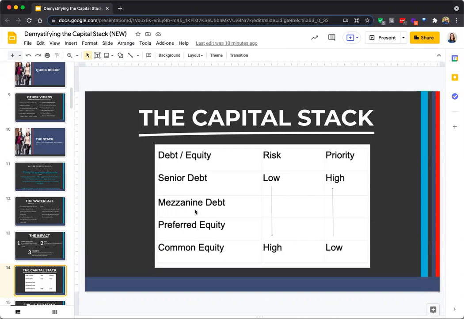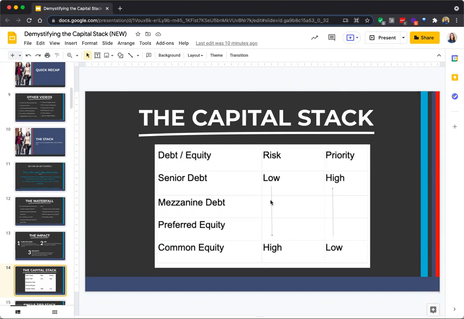Next is any mezzanine debt, second loan, or supplemental loan on the property. They generally sit behind the senior debt, so they take a little bit higher risk position. That's why if you take a second mortgage on your property, the rate's generally higher, because their priority in payment to get paid back is lower than the senior debt.